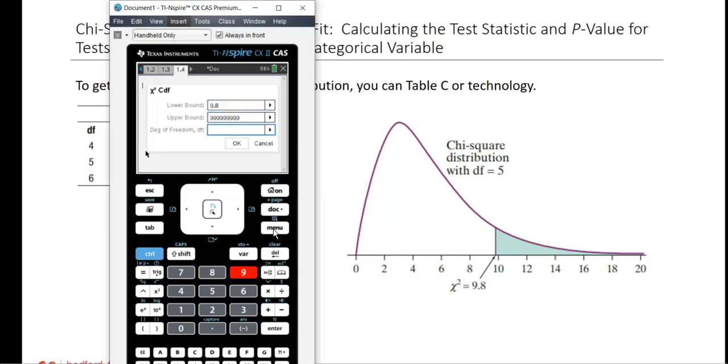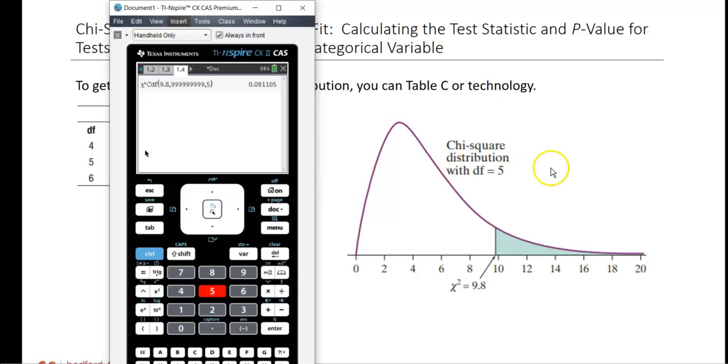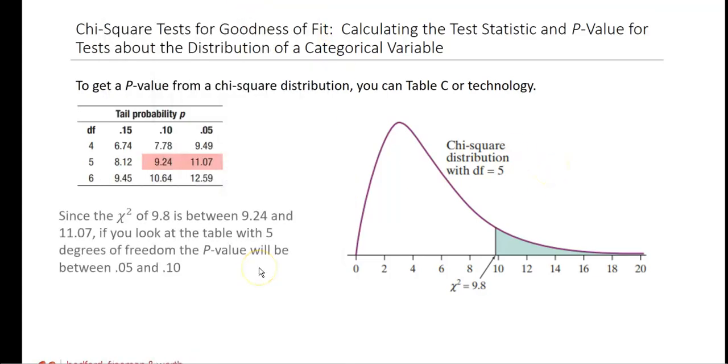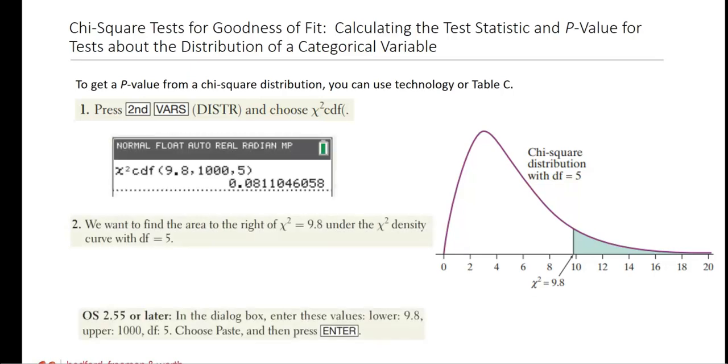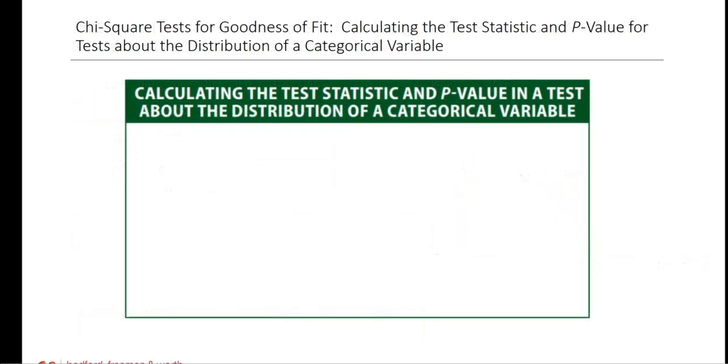Degrees of freedom is the number of categories minus 1, and evidently this one is 5. And you get 0.0811. The table doesn't always give you super accurate results. The calculator does. You get 0.0811. Okay.